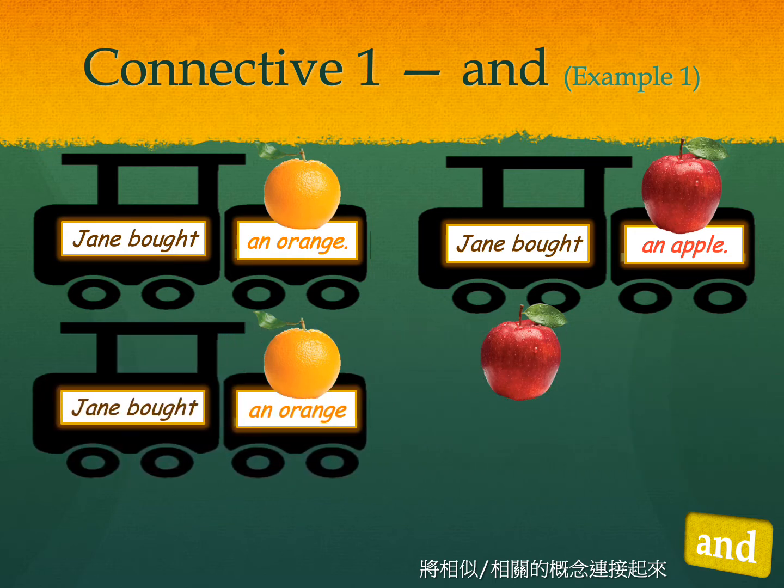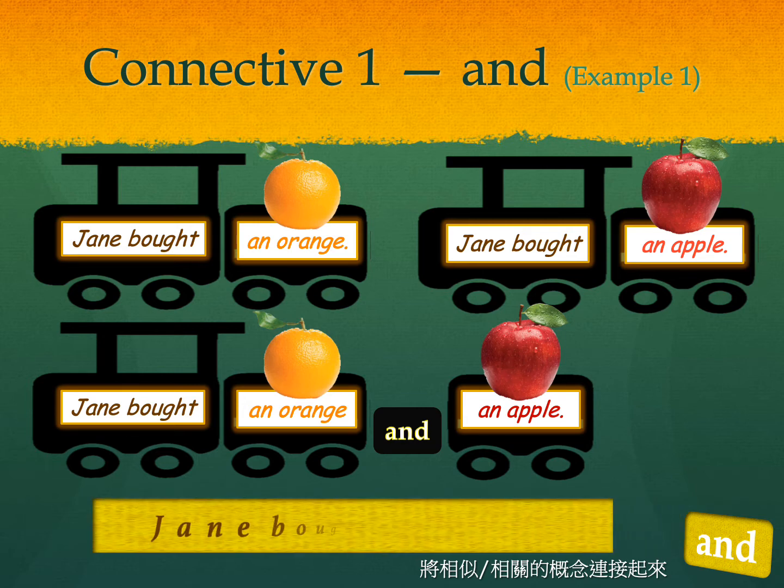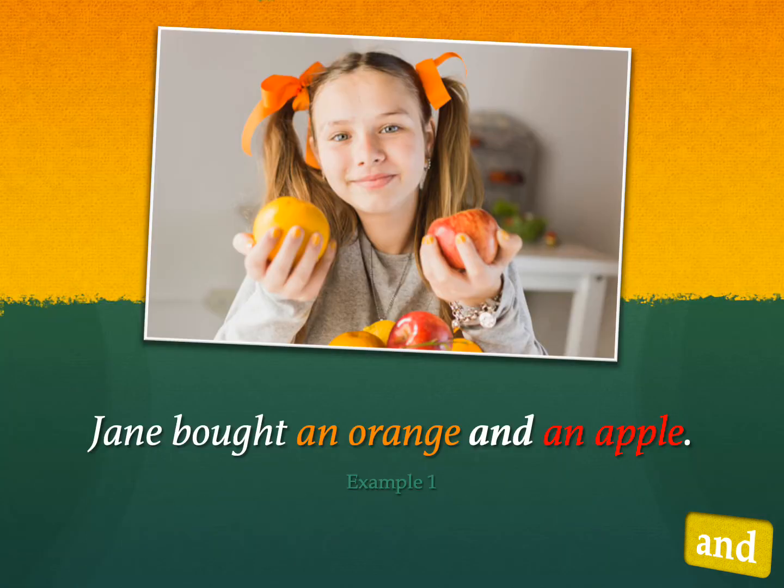Jane bought an orange. We put an apple at the end and use and to join them together. It becomes Jane bought an orange and an apple. Let's look at the picture explanation. Jane bought an orange and an apple.